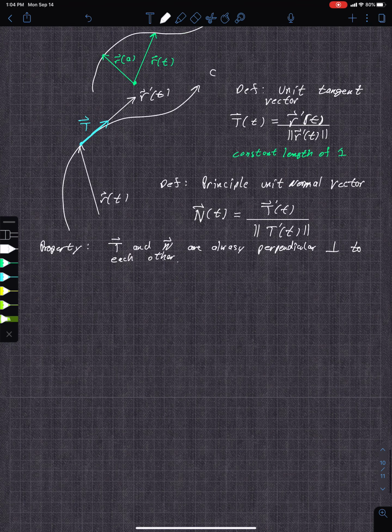So what that means is we have the other vector, N, which looks like this. These are perpendicular, and its length is 1, so it will always be pointing in like that, and this will be a right angle.